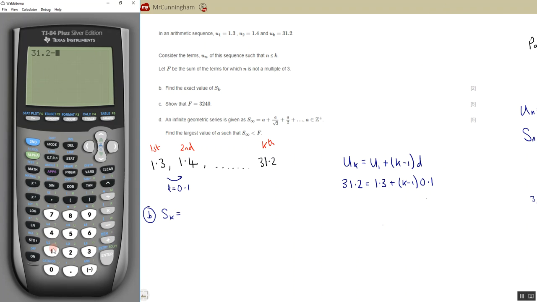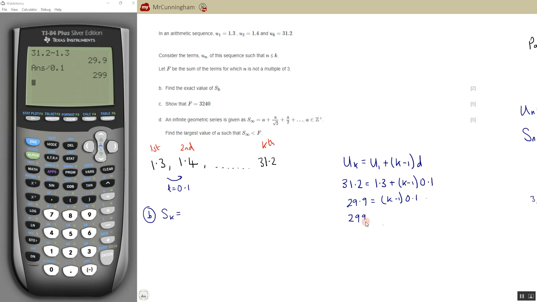I'm going to subtract 1.3. 29.9 is equal to k minus 1 times 0.1. I'm going to divide both sides by 0.1. I get 299. That's equal to k minus 1, and then add 1 to both sides, and I get k is 300.